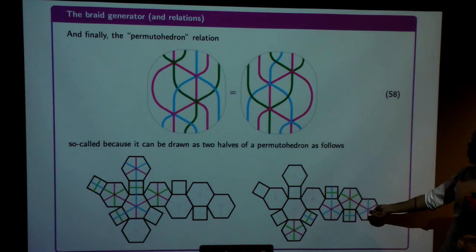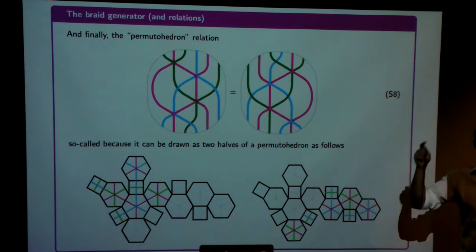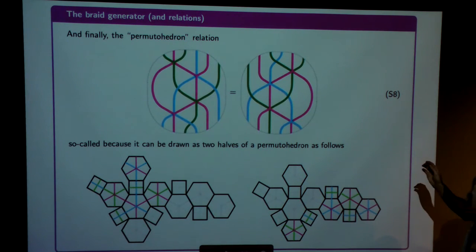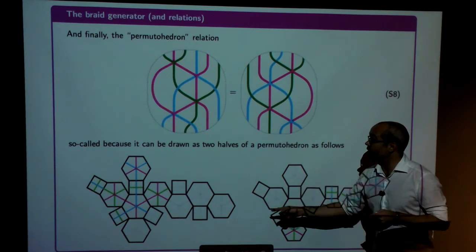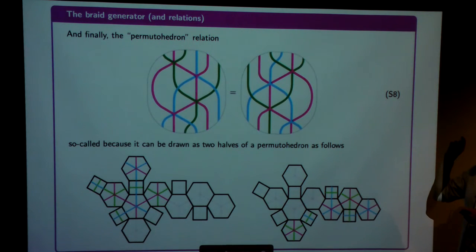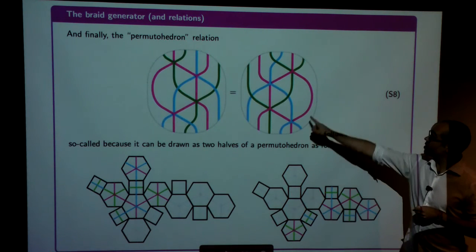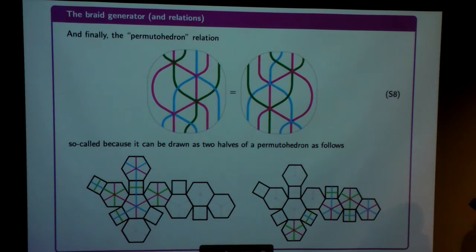Now, S4 acts faithfully on the permutahedron, which is the truncated octahedron. And so the 2 different ways of writing down the longest element in S4 can be drawn on the permutahedron. And when you look at these pictures, they give you this relation in the Hecke category.